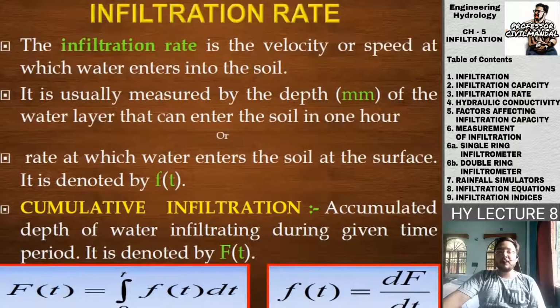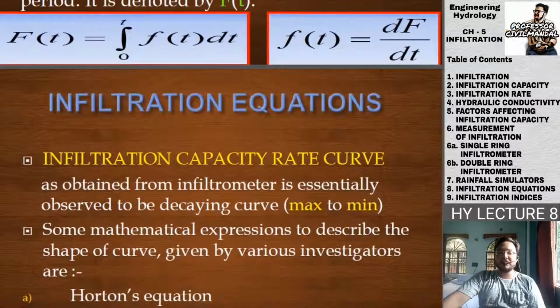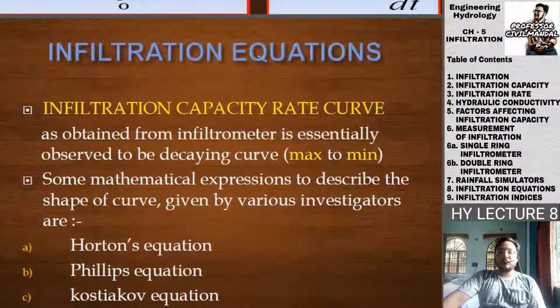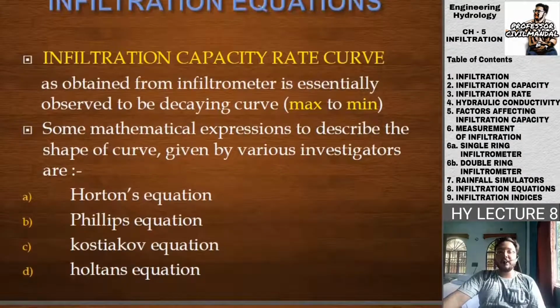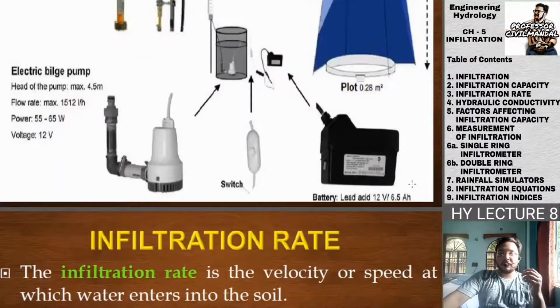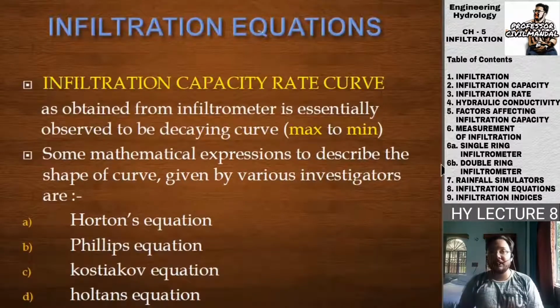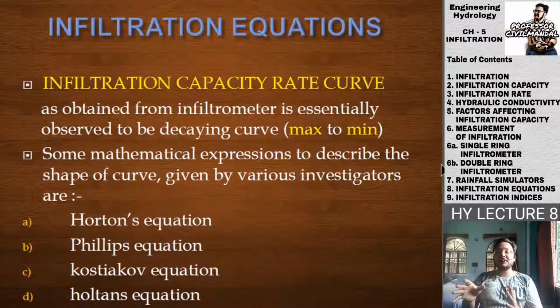So now after we are done with this, in this part we will start with the infiltration equations. And to know about the infiltration equations, I'll tell you that the infiltration rate capacity curves which we used to obtain from these infiltrometers, if someone is conducting some experiment related to infiltrometer, you will see that you will be getting one infiltration capacity rate curve, and that particular curve is a decaying curve.